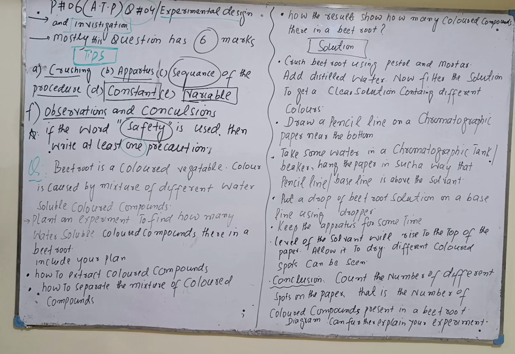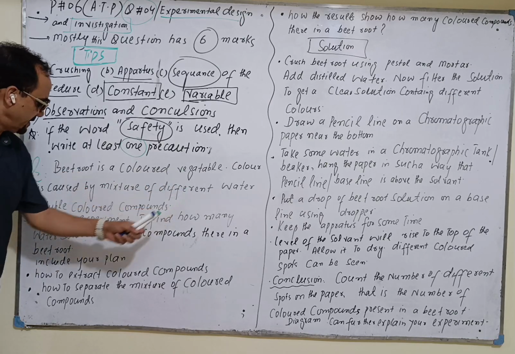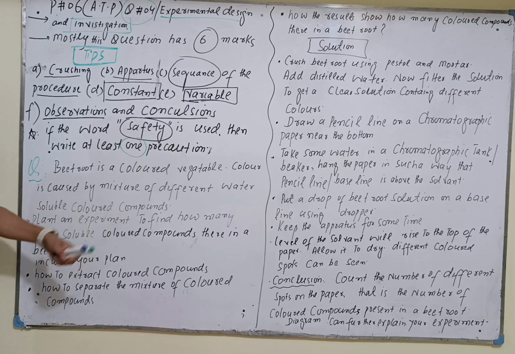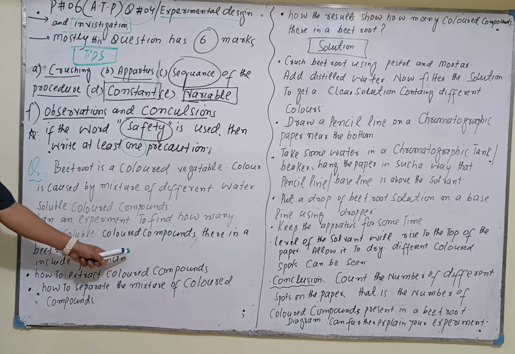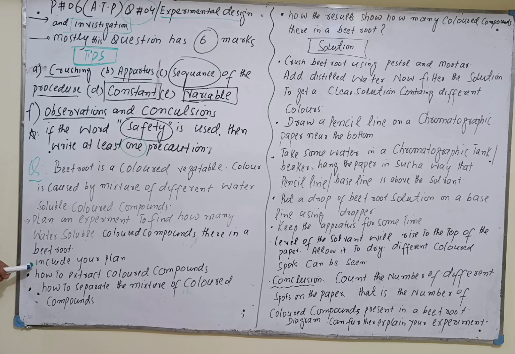There is a question: beetroot is a colored vegetable. The color is caused by a mixture of different water soluble colored compounds. Plan an experiment to find how many water soluble colored compounds there are in a beetroot.